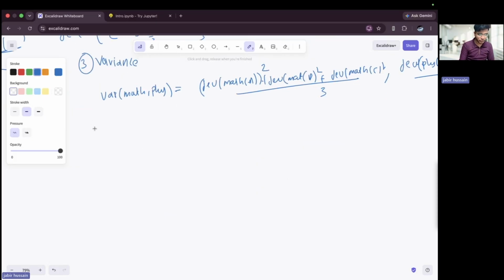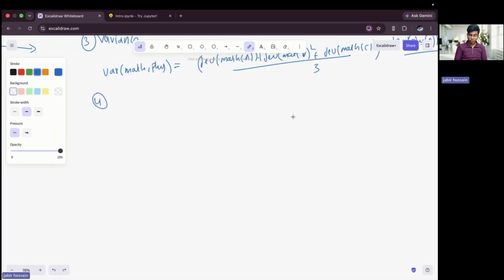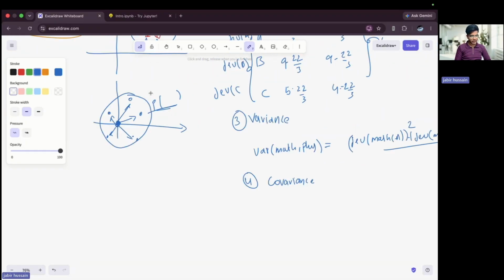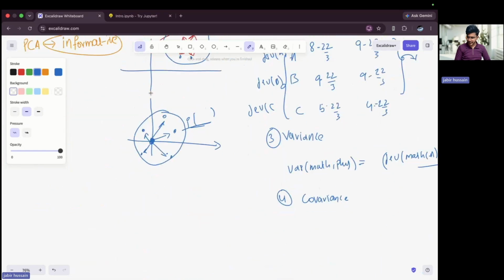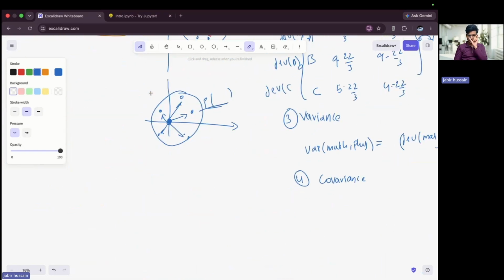Okay, now the fourth step is calculating covariance. After calculating variance, we calculate covariance. Let me tell you the definition of covariance. We understood variance, right? Variance is nothing but how spread the given data is, how spread the given feature is.